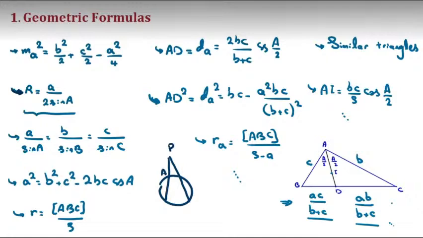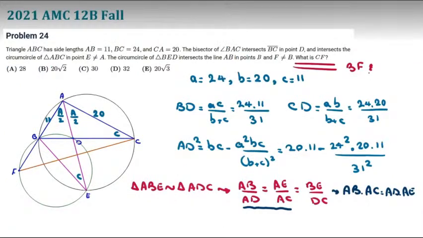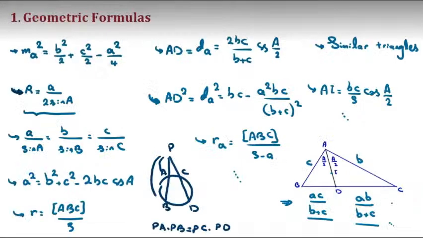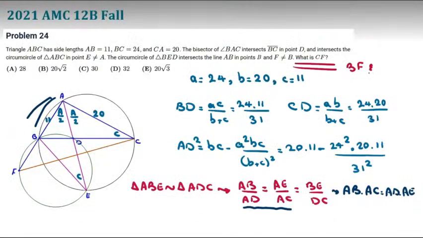P, A, B, C, D. It's simple and basic. PA times PB equal to PC times PD. I want to apply it in our problem. So AB times AF equal to AD times AE because BFDE lie on same circle.